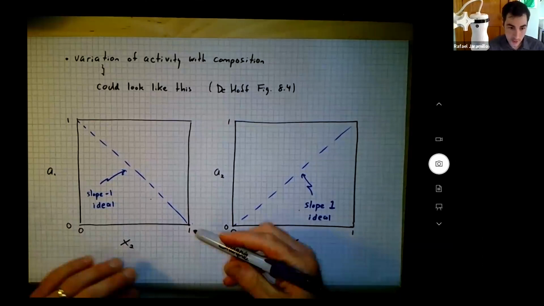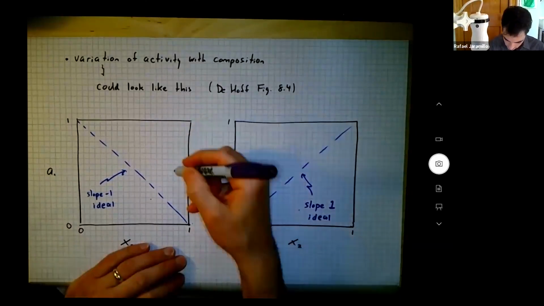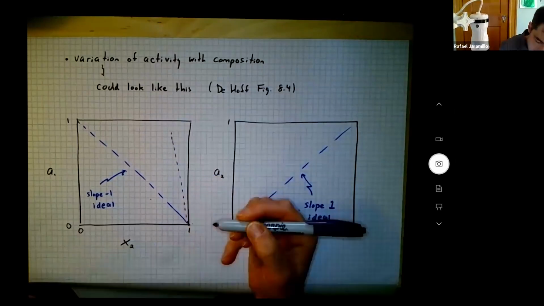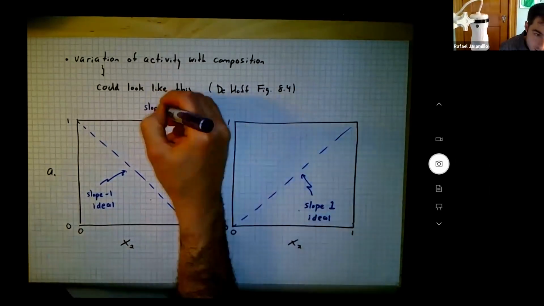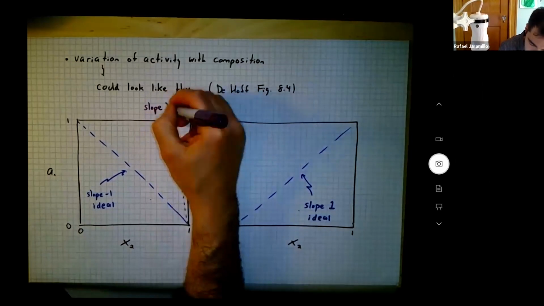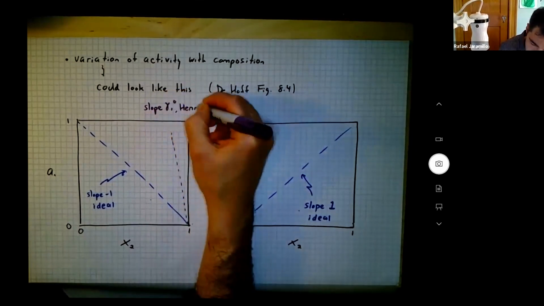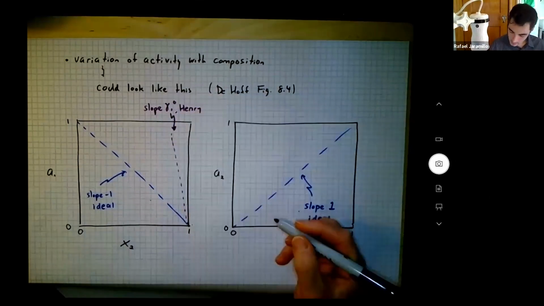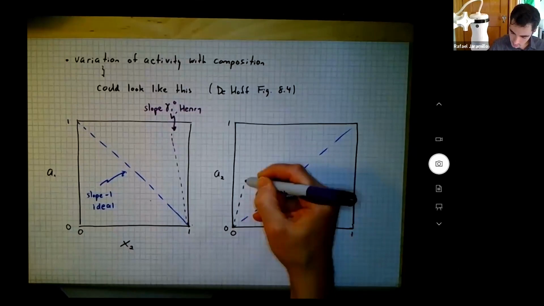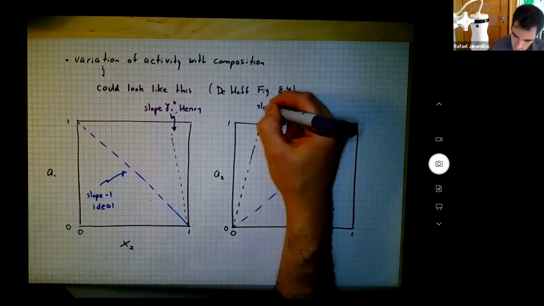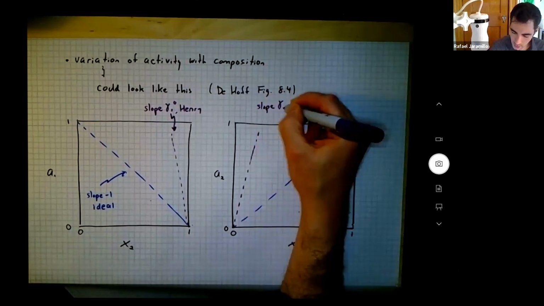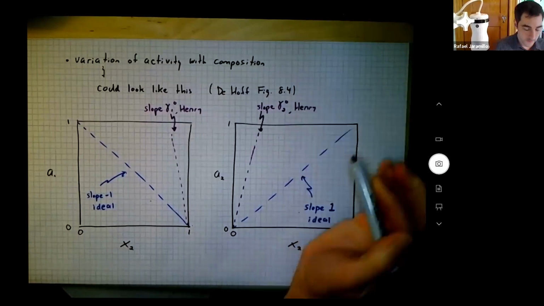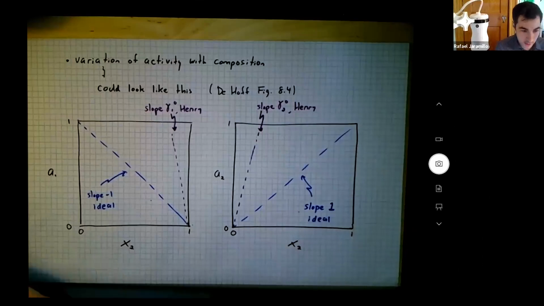Henry's law here is going to have a slope not equal to 1. So this is a slope of gamma 1 naught Henry. And similarly, we can have some slope gamma 2 naught, and this is Henry. That's Henry.